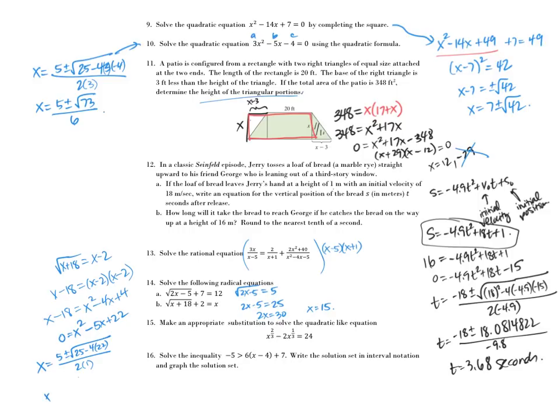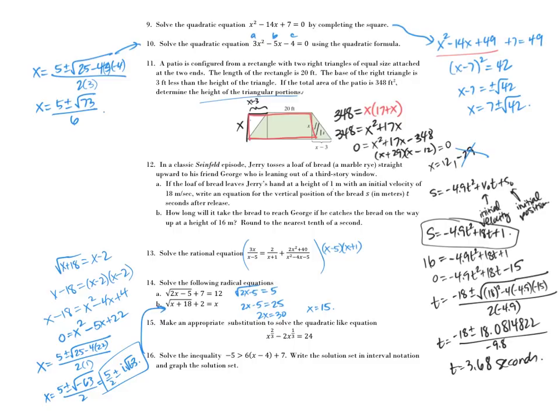So I get x is equal to 5 plus or minus square root of negative 63 over 2, which is 5 halves plus or minus square root of 63 i. And that's the answer to B.